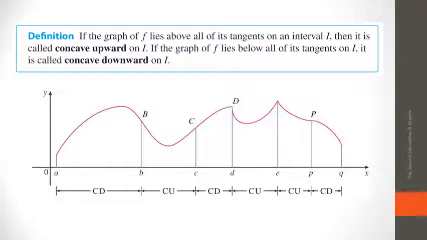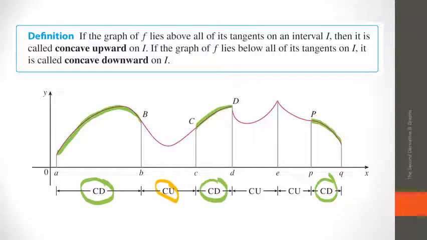So I'll highlight concave down right here, and you can see it's part of a concave down, another part, and another part, and then concave up on these intervals right there, concave up, and then concave up.